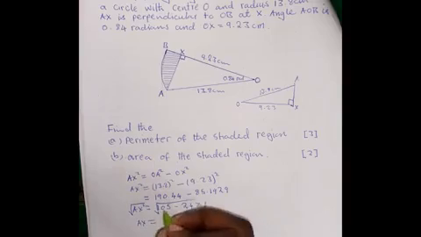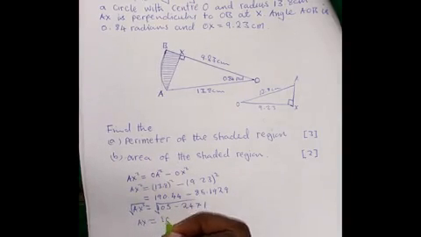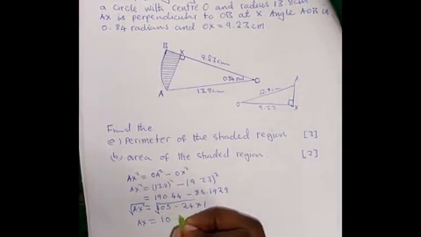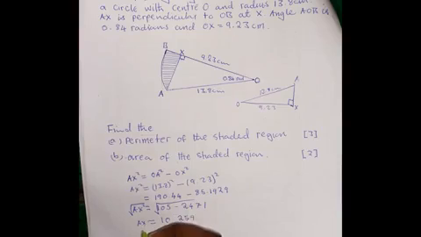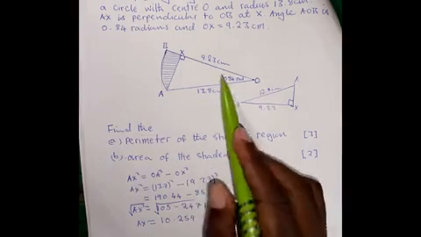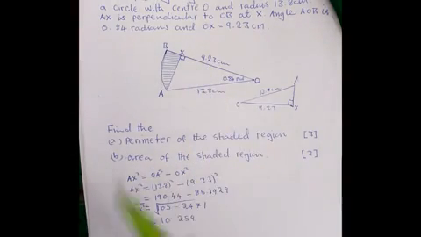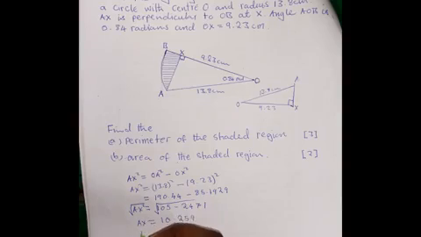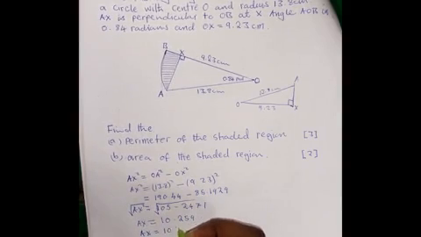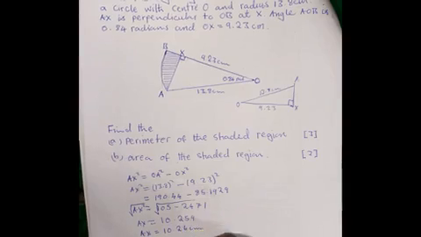AX is 10.259. We can round this off to two decimal places, so AX is equal to 10.26 centimeters.